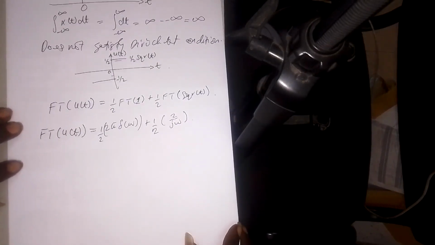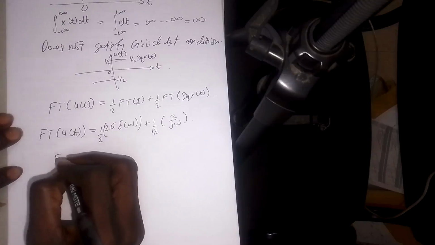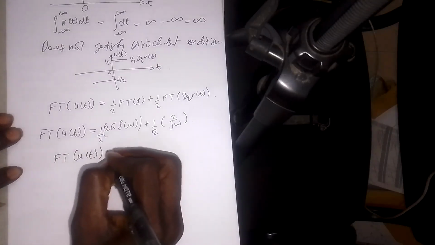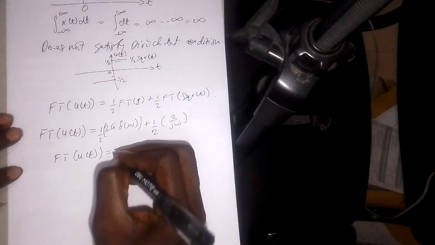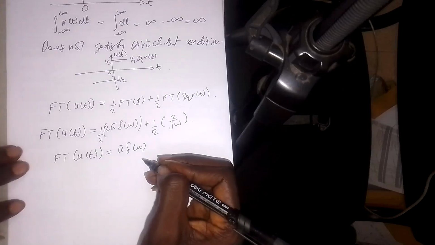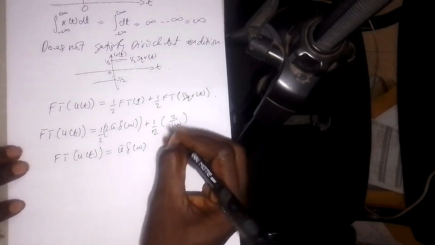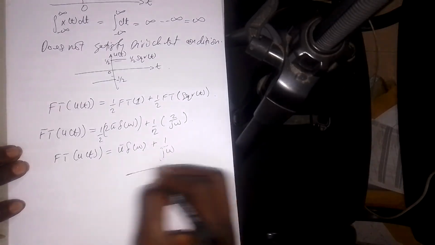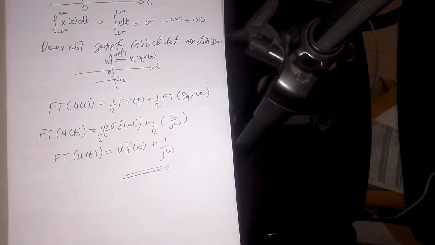So now basically that means that the Fourier transform for u of t is going to be half of this one, which is pi delta of omega, and here is going to be 1 over j omega. So this becomes the Fourier transform for the unit step function.